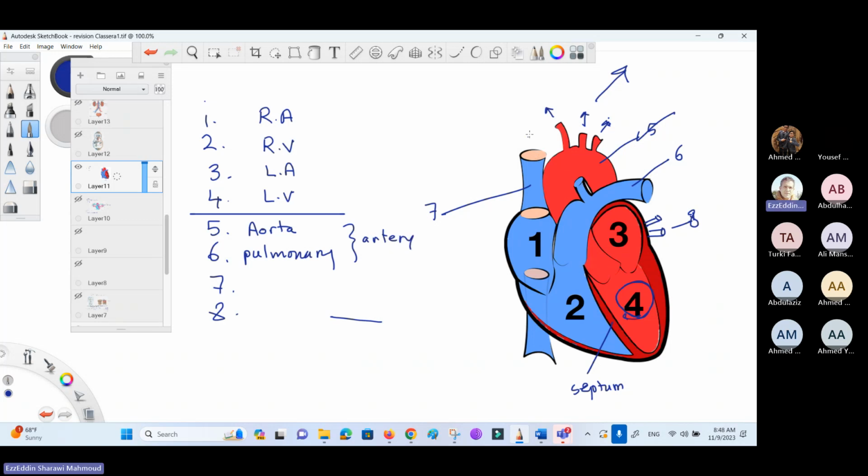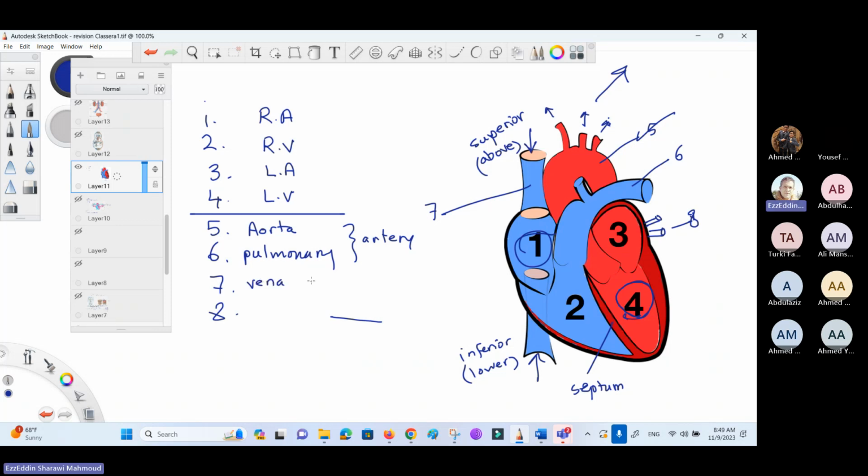Okay, let's return back again to the heart. This one is called superior. Superior means above. And this is called inferior, which means lower. Both carry deoxygenated blood and return blood back from the body parts, going to the right atrium.